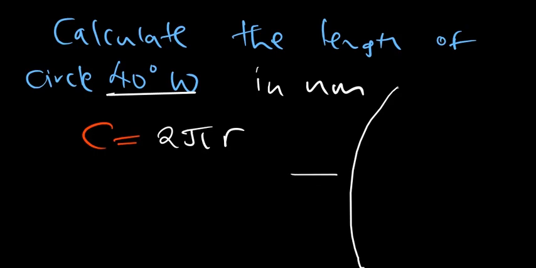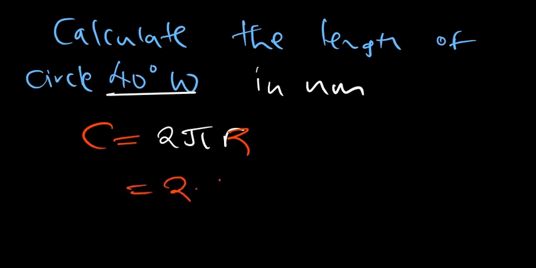Therefore, if it's a longitude, it's just a matter of substituting what's known. So the value of r becomes big R, the radius of the Earth. 2 pi, and the radius in nautical miles is 3,437 nautical miles, right? So that will help you to determine the answer there. Okay, simple and straightforward.